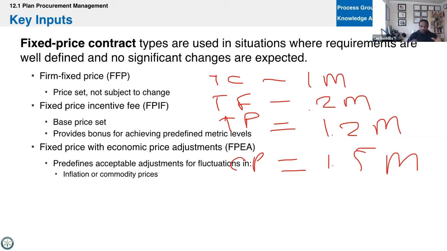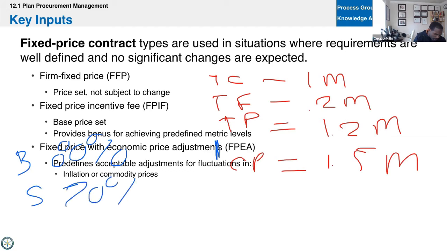Okay. You guys follow me so far? Okay. So now we have a share ratio, and we say, okay, well, somewhere along the line between this 1.2 and 1.5, we'll have a share ratio. Let's call it an 80-20. Let's say that the buyer will pay 80%, and the seller will pay 20%. Okay, whatever that may be.